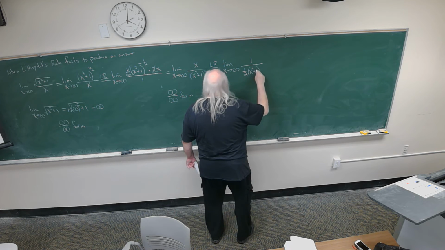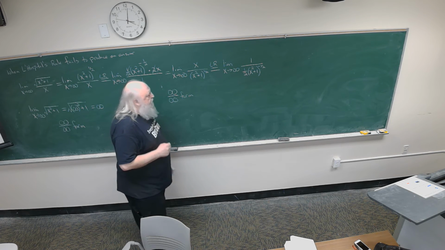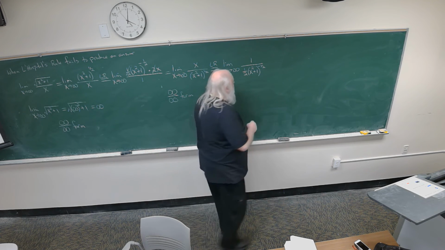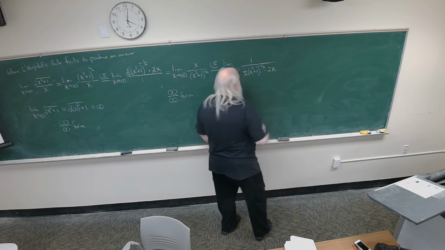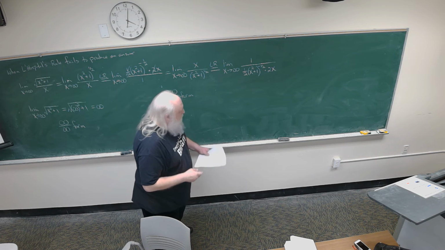Subtract 1 from the exponent. 1/2 minus 1 is minus 1/2. And then multiply that by the derivative of what's inside parentheses. Derivative of x squared is 2x. Derivative of 1 is 0. And now we simplify.